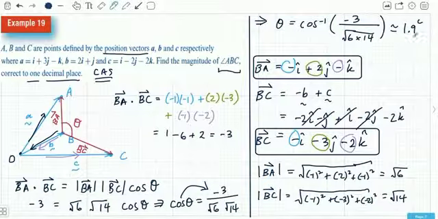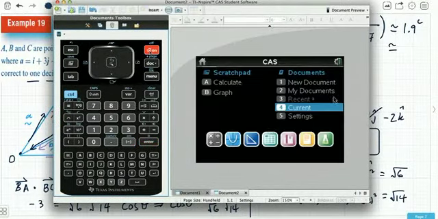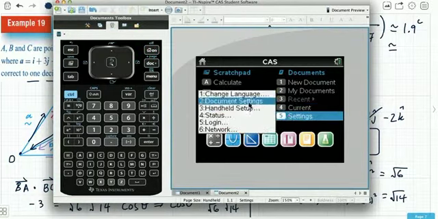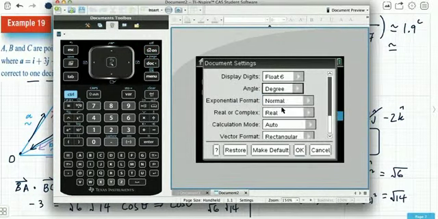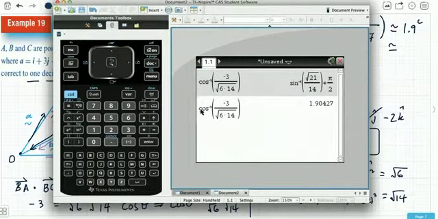And again, if you wanted to put that into degrees, you could do that as well. So it'd just be the same thing. So going back into your CAS, and just going into your home, changing your settings to degrees, and then just finding this again.